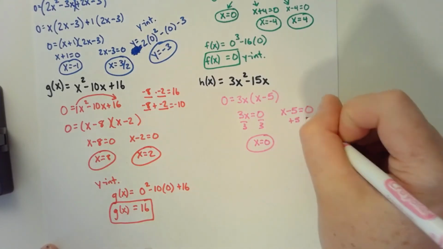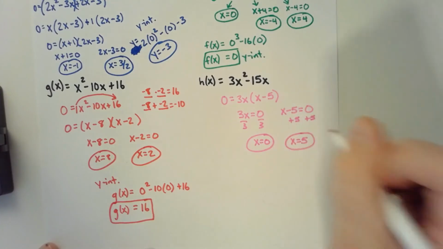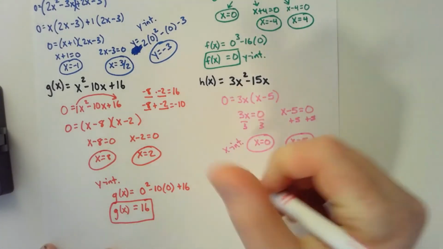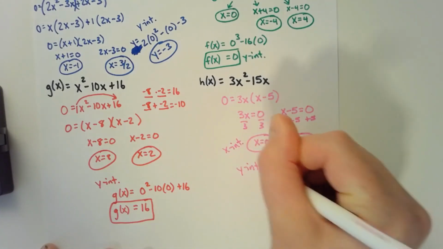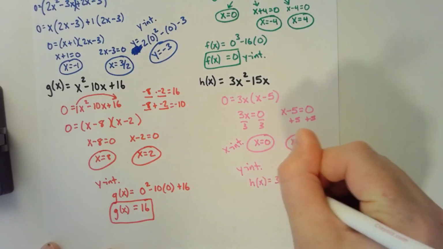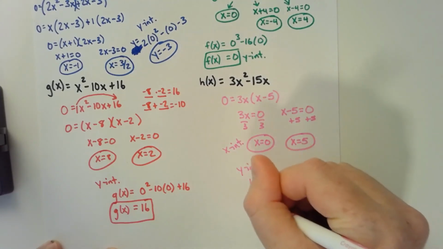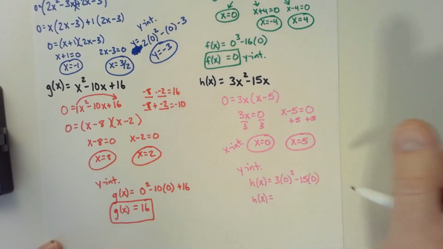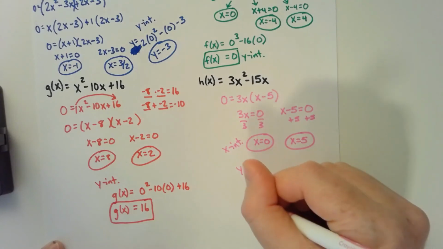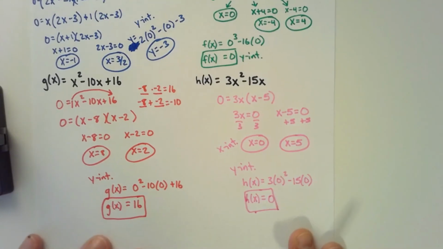And then if we add 5, we get x equals 5. So we have two x-intercepts. Those are both x-intercepts. The y-intercept would just be to plug in 0. So h of x is 3 times 0 squared minus 15 times 0. So it's like saying y would equal, and then that would just turn out as 0. So your y-intercept is just 0 for that one again. Okay, so that's it for that part.